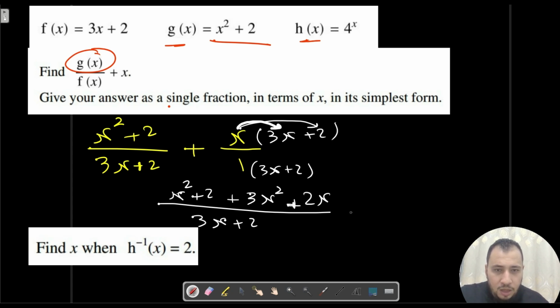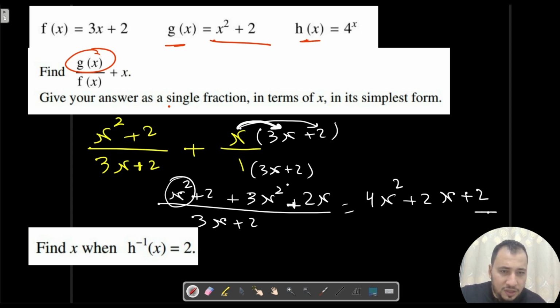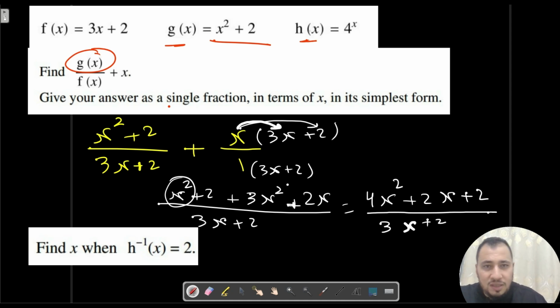Okay, let's add them together. So x squared plus 3x squared, this is going to be 4x squared, and here 2 and 2x, so plus 2x plus 2, all of this over 3x plus 2. Okay, this is the fraction as a single fraction. This is the simplification as a single fraction here.